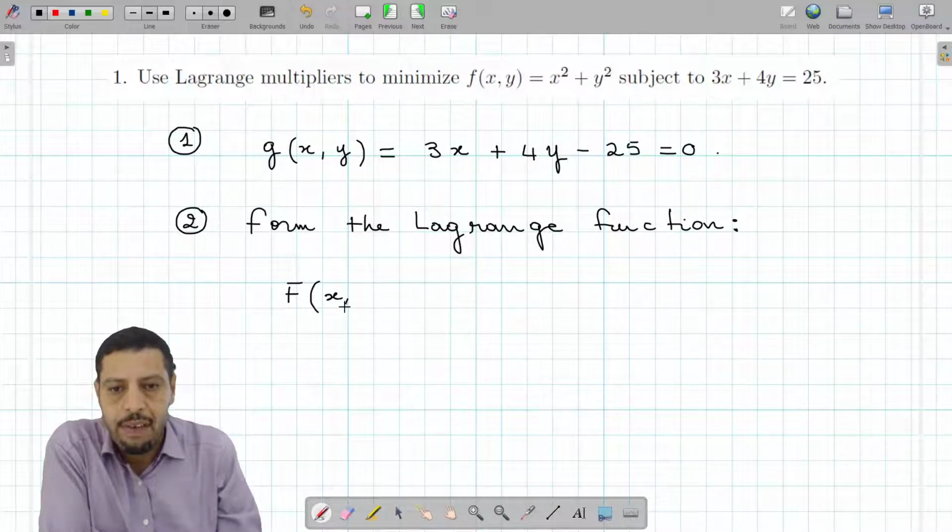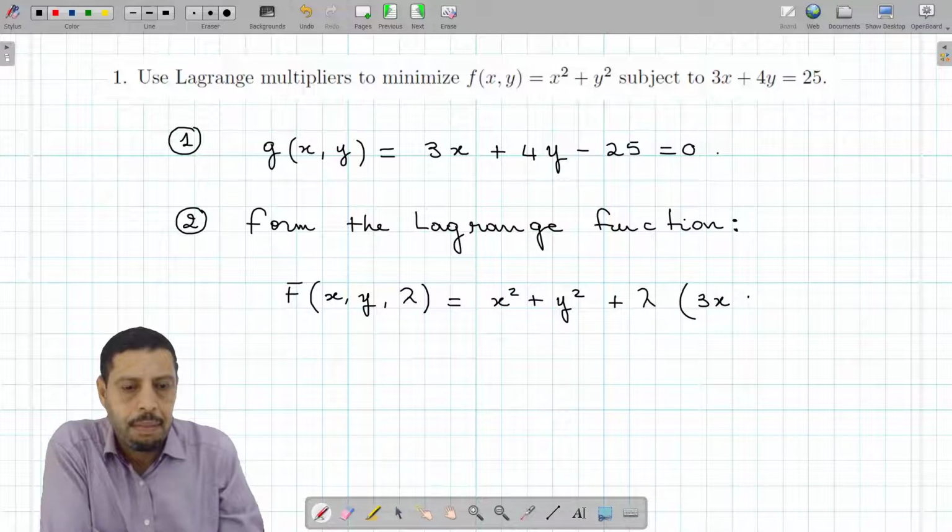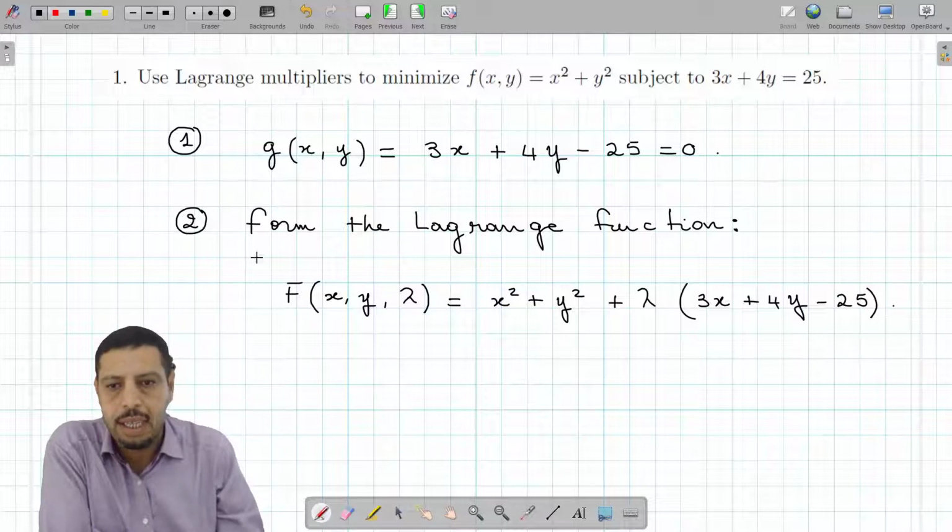So you have F of x, y, and you introduce a new variable called lambda, which is equal to the objective function x squared plus y squared plus lambda times the constraint g of x and y. So here plus lambda times 3x plus 4y minus 25. This is the second step.